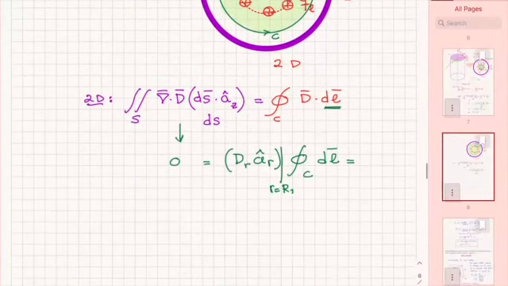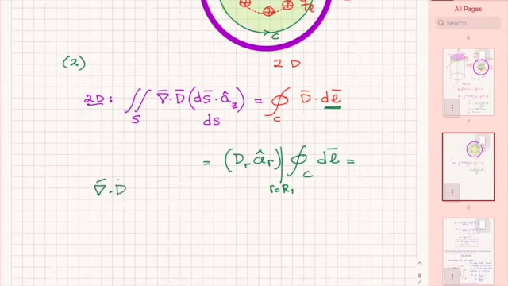All right. And in this case, the only difference is that in region 2, divergence of D equals Q sub L, wherever Q sub L exists.